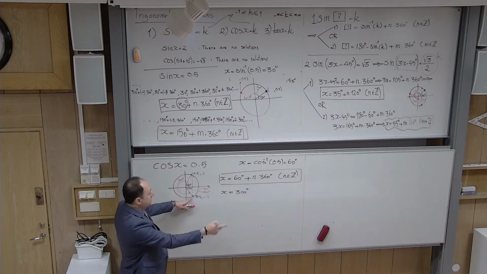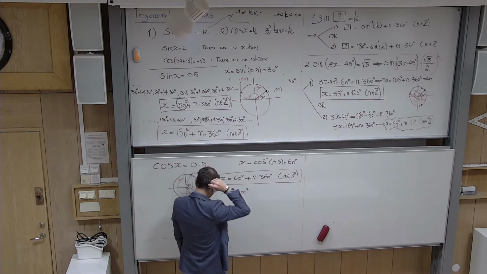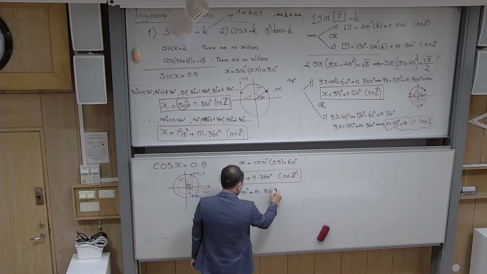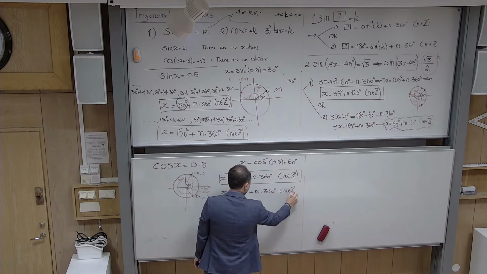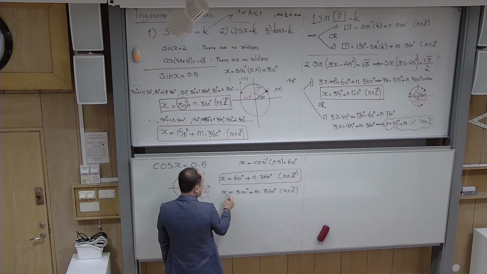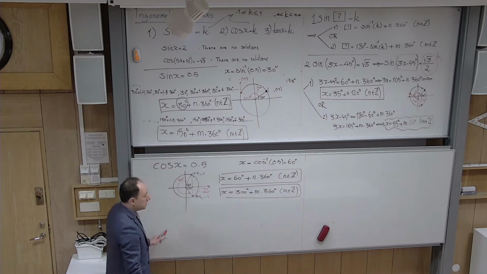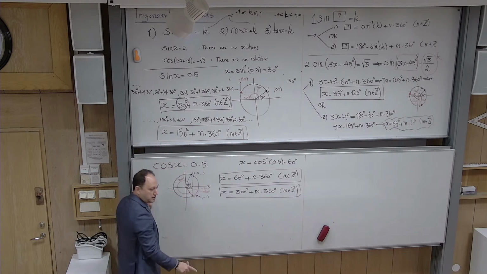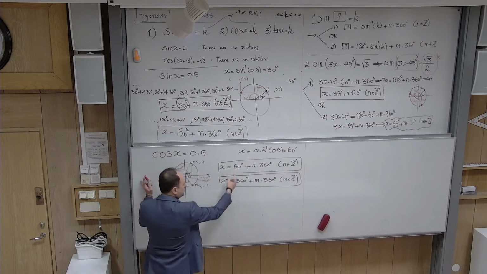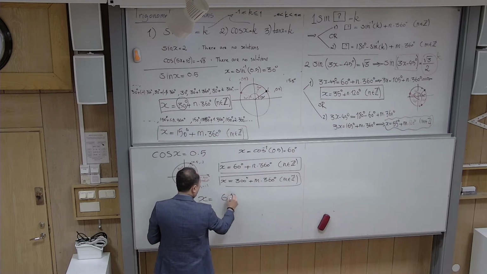But of course, with the same story, I can go one full round, or a multiple of full rounds, in each direction. So let me just use the letter M this time, and I emphasize this one. If I give you this in the exam and ask you to solve it, if you write these two, that's 100% correct, you get the full mark. But I myself prefer to use the negative one, and as I see in the book, they are also using the negative value. So instead of writing that, I would write 60 or negative 60.